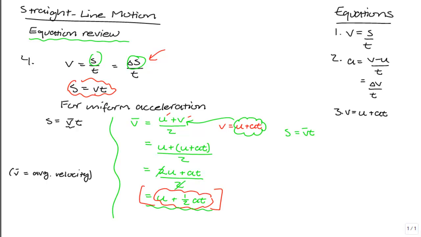So hence s is equal to u plus half at, times t. And when you work that out, you get s is equal to ut plus half at times t, or half at squared. This is your next major important equation. So equation 4 is s is equal to ut plus half at squared.